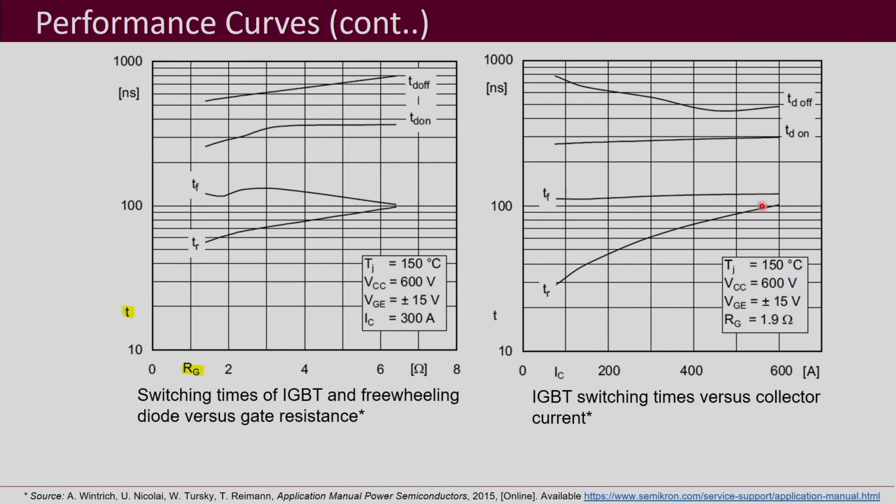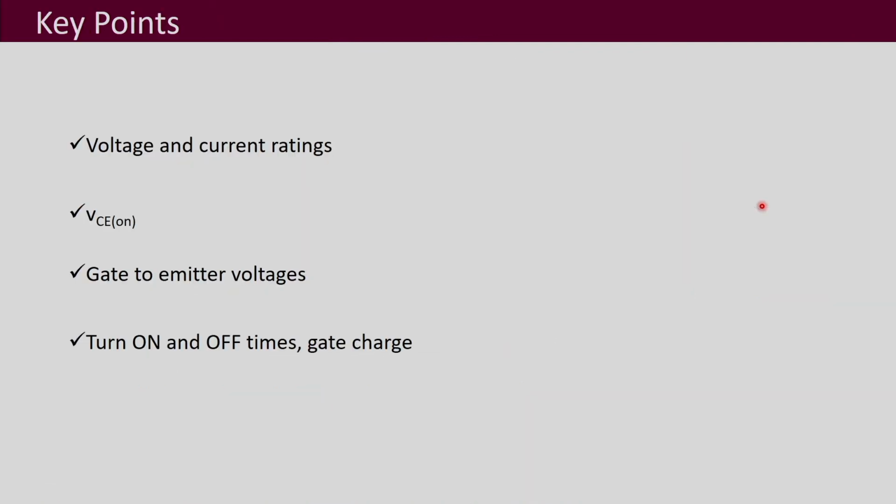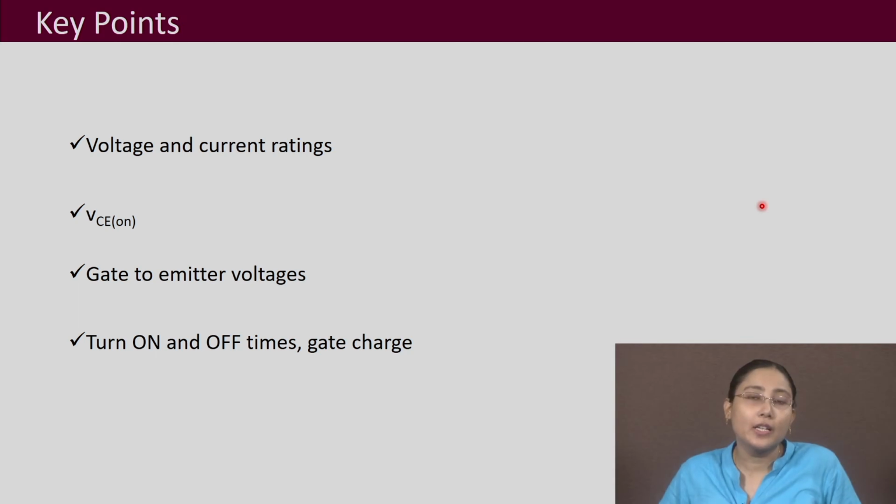So what are the key points of this lecture? The important notations in the data sheets related to IGBTs are your blocking voltage and the current ratings. You can look into the DC continuous rating and also the pulse current rating. You should also look into the on state voltage drop or the saturation voltage drop.